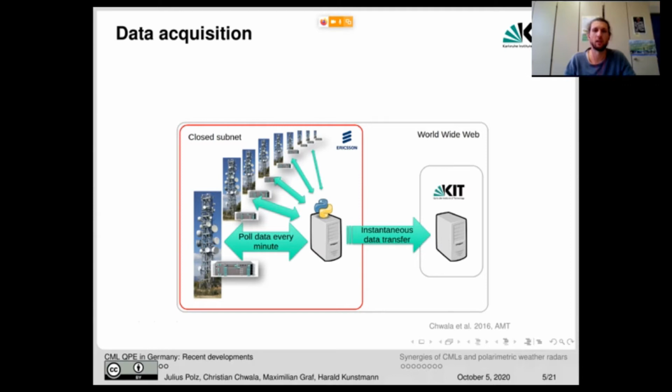This actually makes real-time operation possible. We did this for a long time, actually. So we have 3 years of collected data right now: 3 years of data in a 1 minute resolution from 4,000 microwave links in Germany. It's quite a lot.